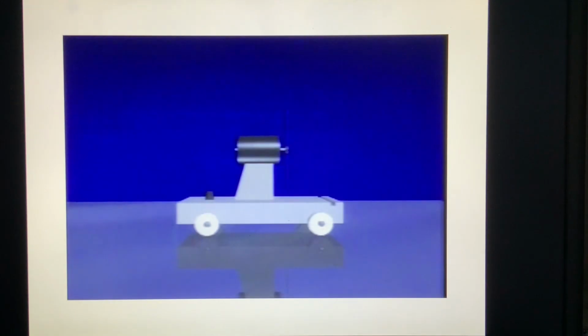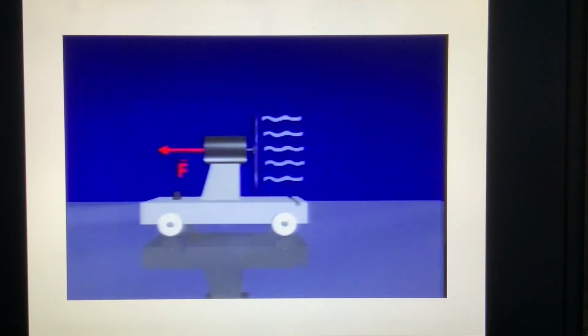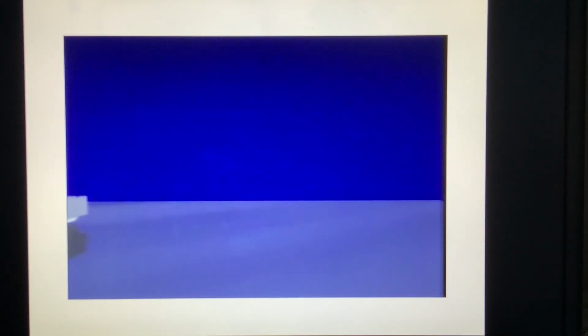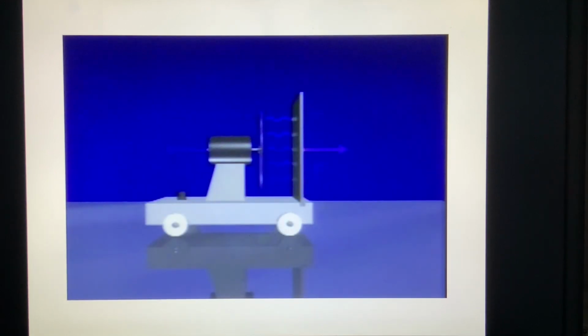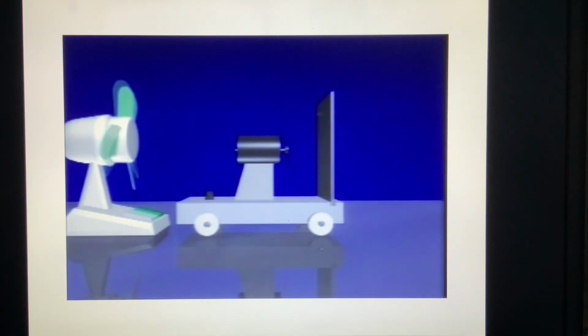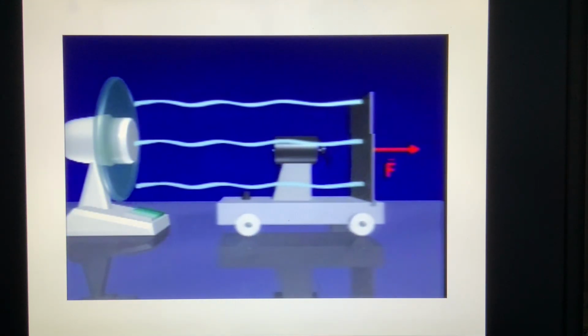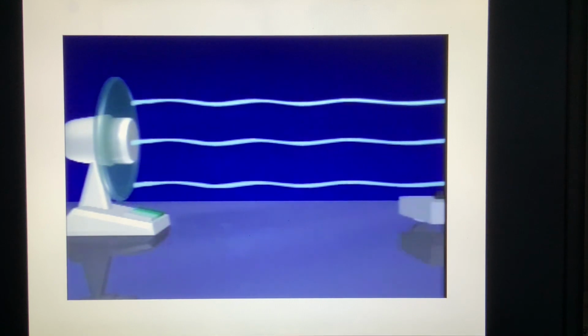If we blow on the cart with a fan which is not attached to the cart, it moves in the direction of the airflow. This animation shows the force acting on the cart without the sail. Here are the forces acting on the cart when the sail is in place. And this is the force which acts on the cart when the external fan is used.